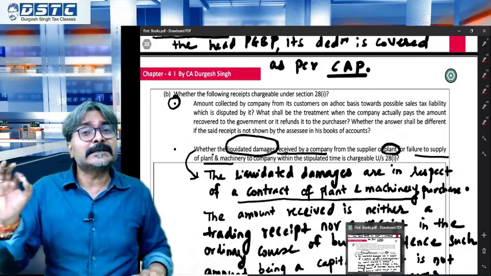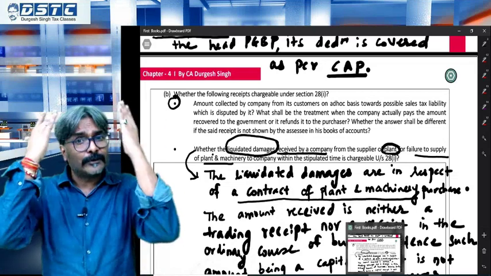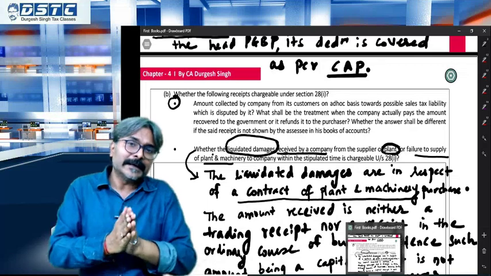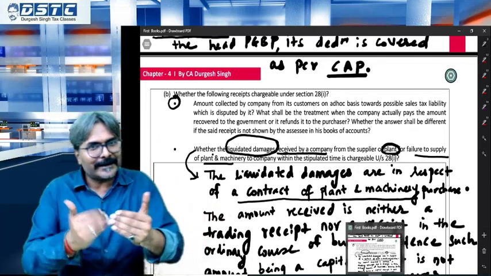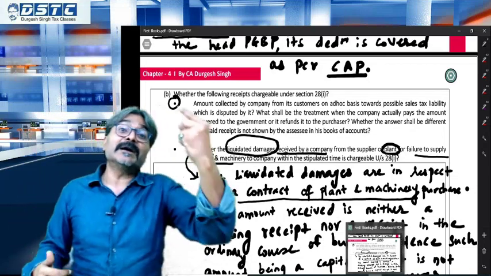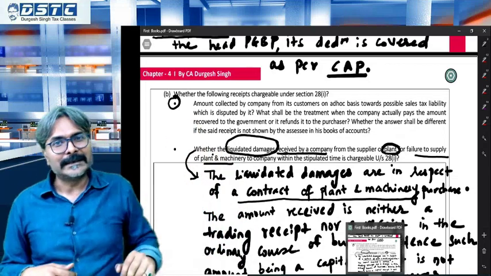And as per the CCM, we will recognize the revenue only in the second year.